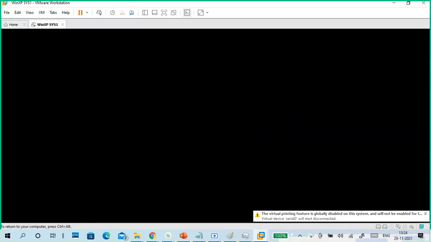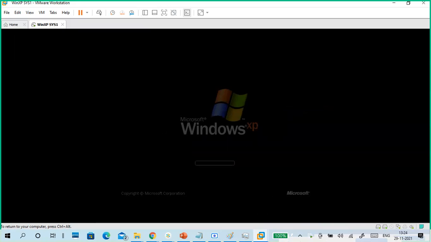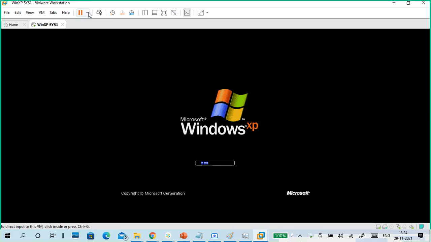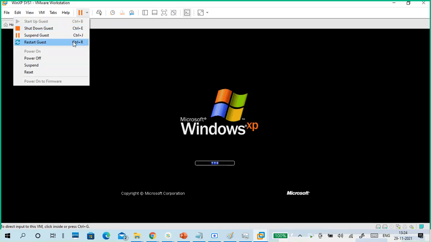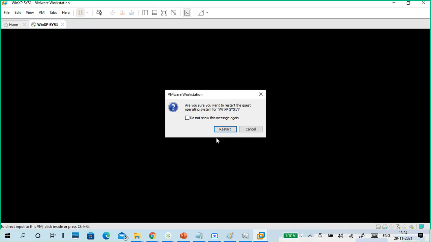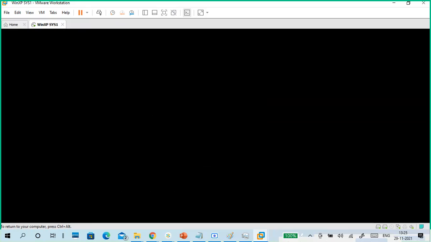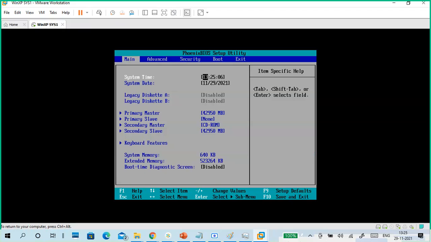Escape. No, see, a faster boot, that is a big problem. Okay, guess restart. F2, F2, F2. Yeah, this is a BIOS setting.